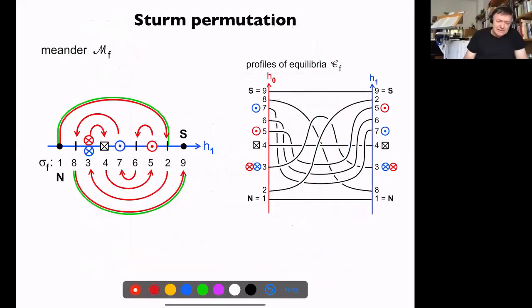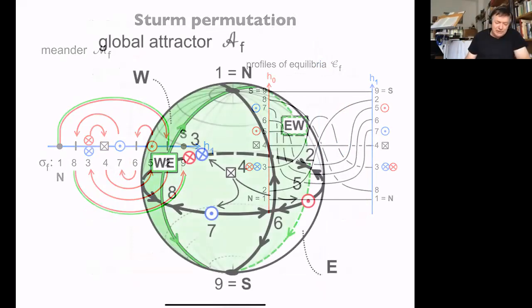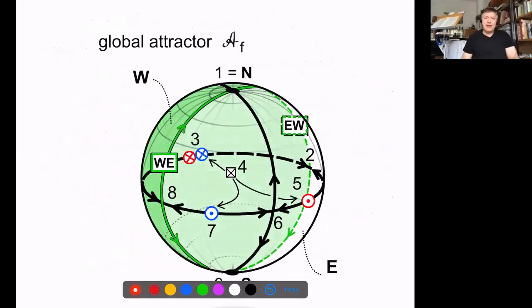But then we also have a Sturm permutation associated to that. And the Sturm permutation allows us to draw the meander, which I drew here on the left. So meander and profiles of equilibria is a one-to-one relation. But we also have the global attractor, where the equilibrium profiles now are points, and the arrows are heteroclinic orbits between them.